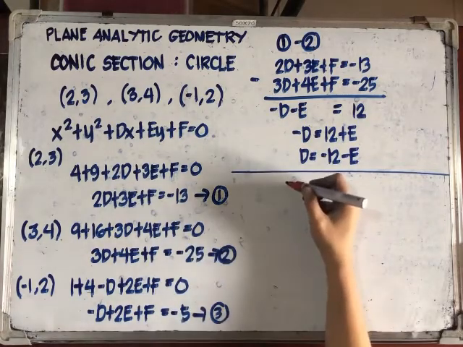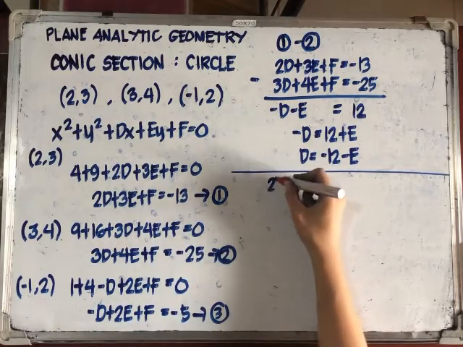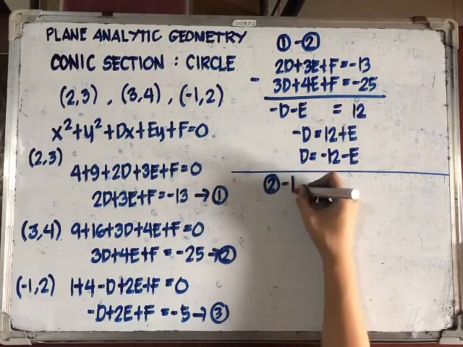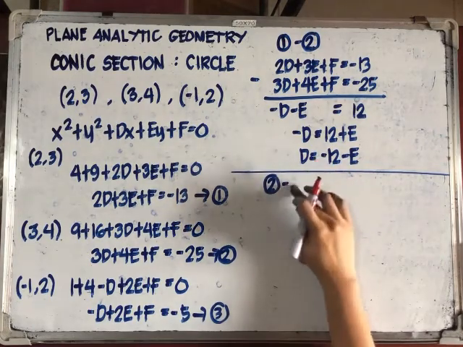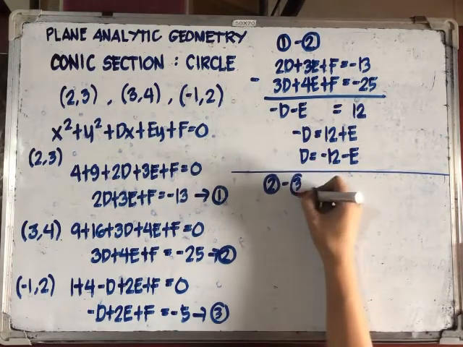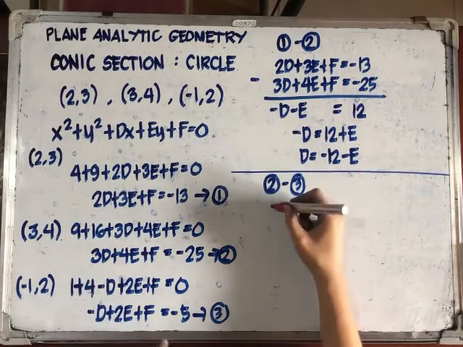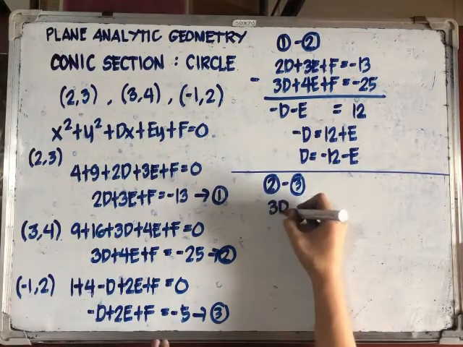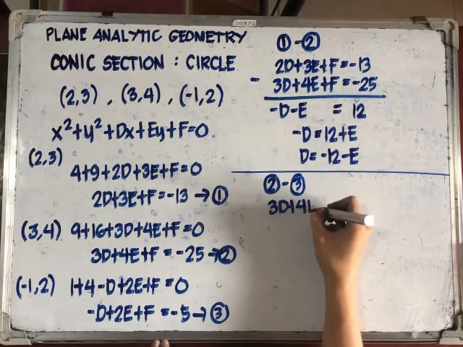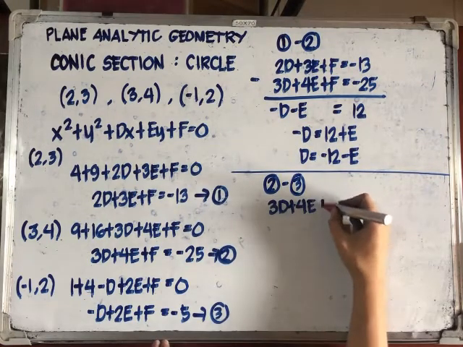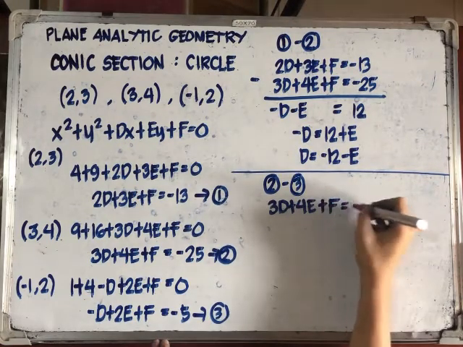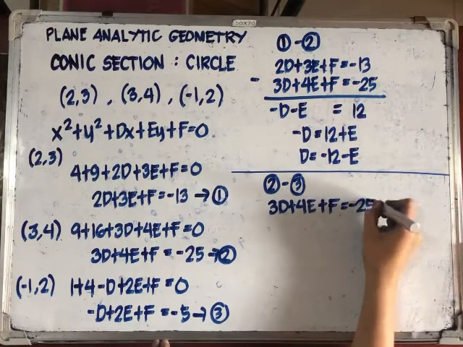Next, we will subtract equation 3 from equation 2. Our equation 2 is 3D plus 4E plus F is equal to negative 25.